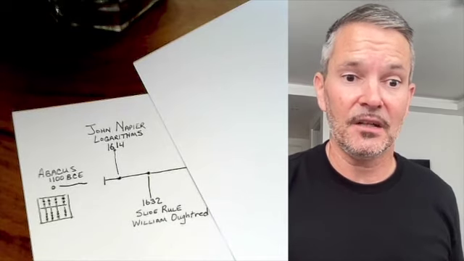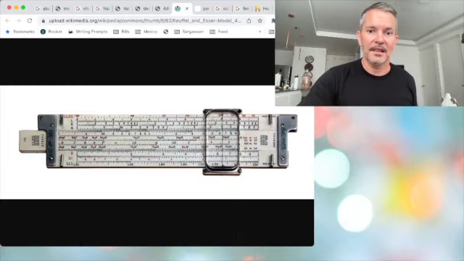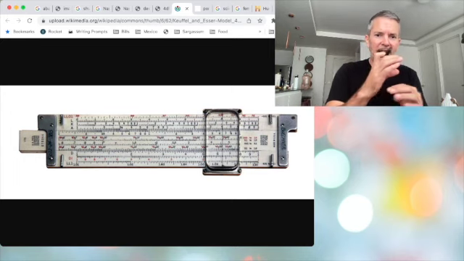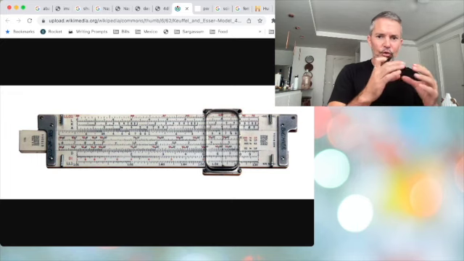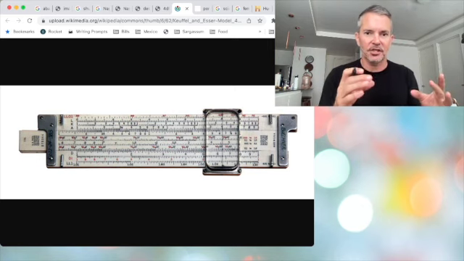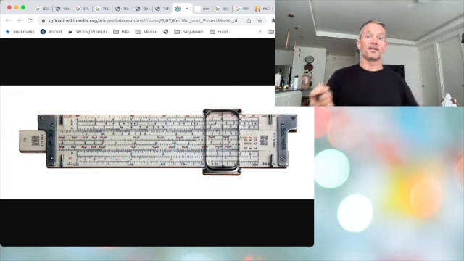If you've never seen one of these devices, they look kind of like this. A slide rule was a mechanical instrument that you could use to perform additions and subtractions, divisions and multiplications, using the concepts of logarithms without having to go look things up in tables.